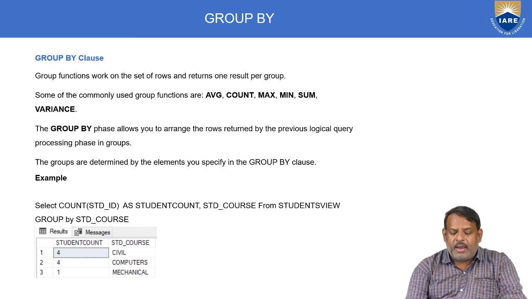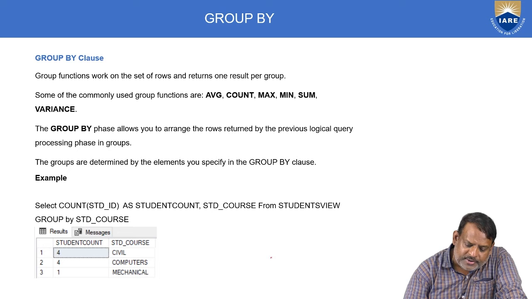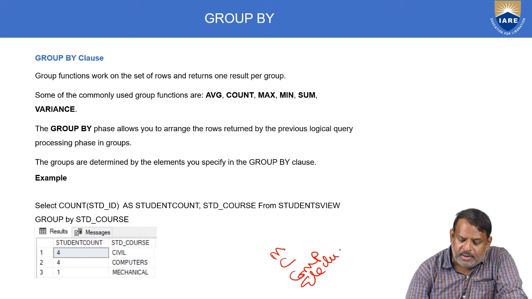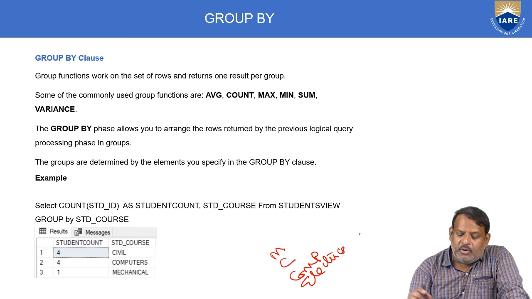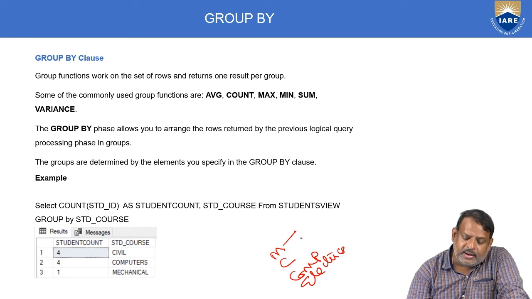Suppose you have students from mechanical, civil, computers, ECE and electrical. Now you want to group students by course. You want to see how many students are there in mechanical, the civil count, the computers count.